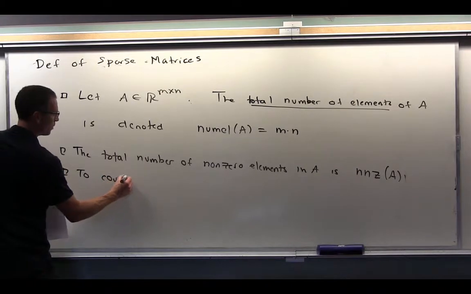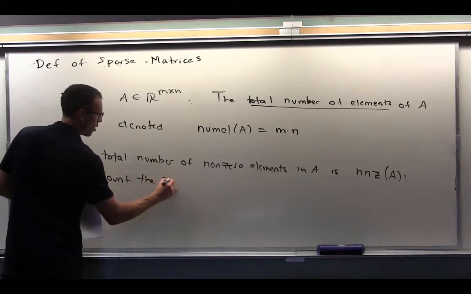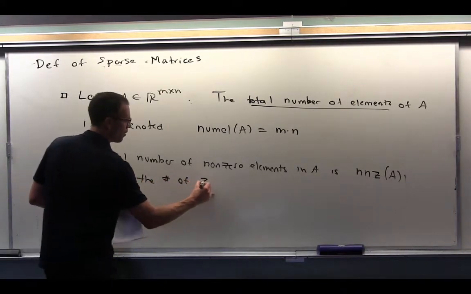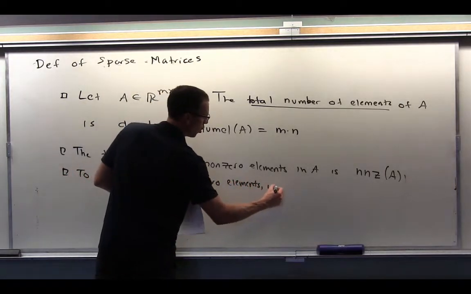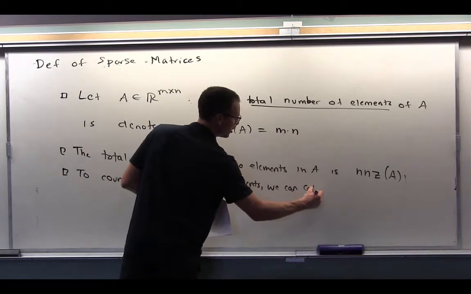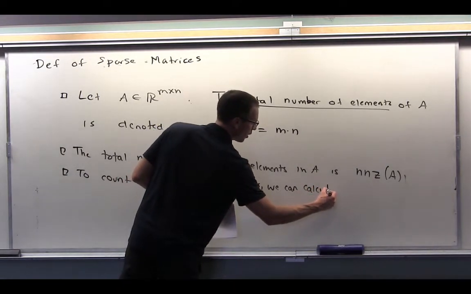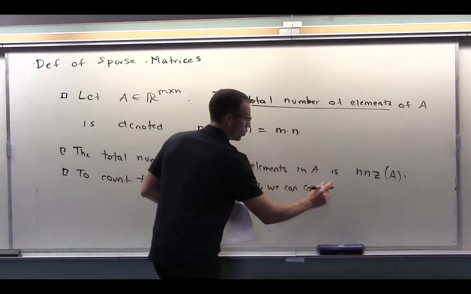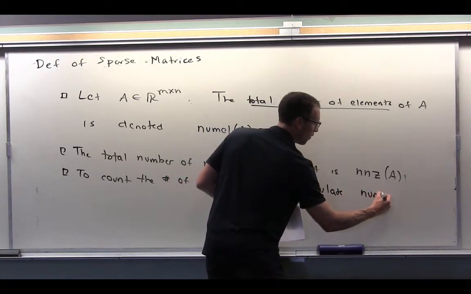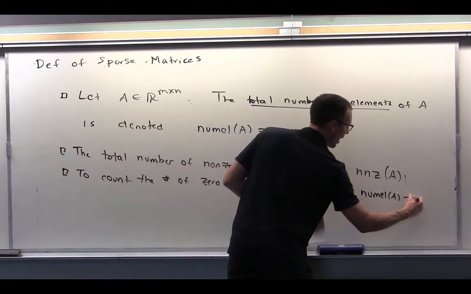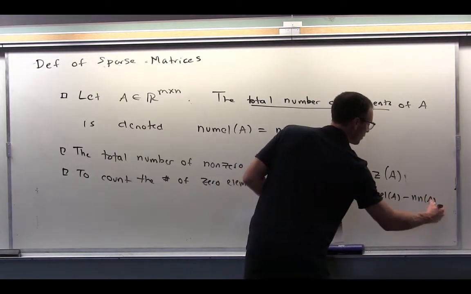To count the number of zero elements, we can calculate. Can you guess how you count the number of zero elements from these two? Do we subtract them? Yeah, so this would be the total number of elements minus the number of non-zero elements.